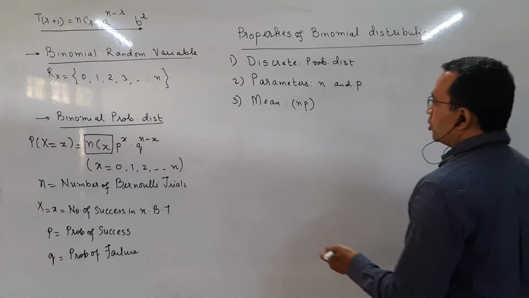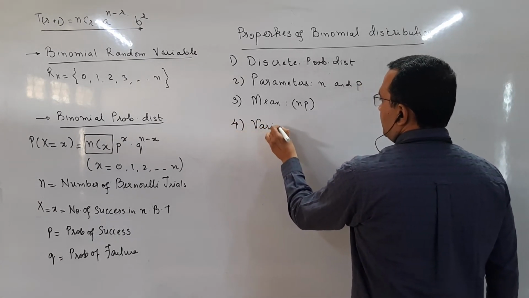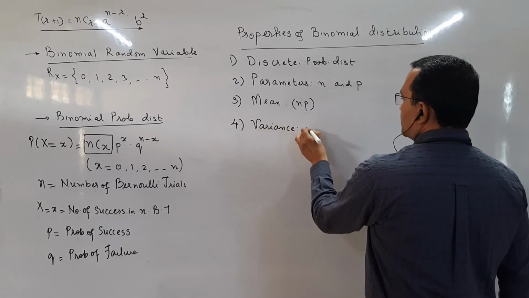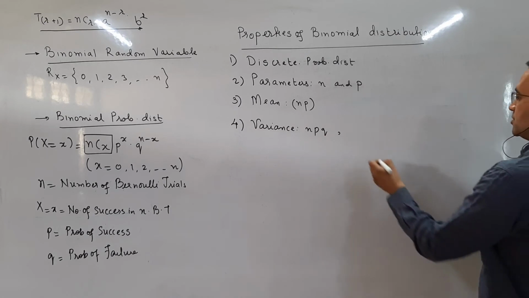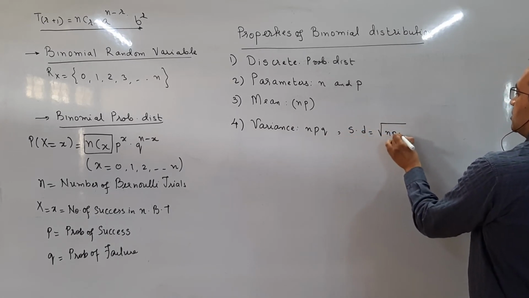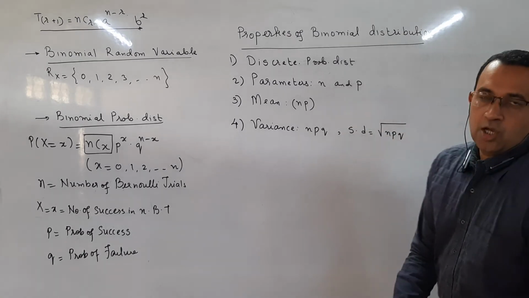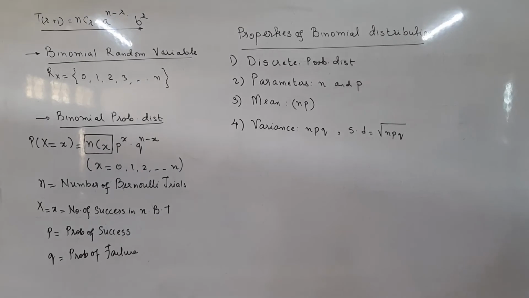Fourth and very important property, variance. Variance of binomial distribution is npq. And as per the definition, standard deviation will be root of npq. All of you know that the positive square root of variance is standard deviation.